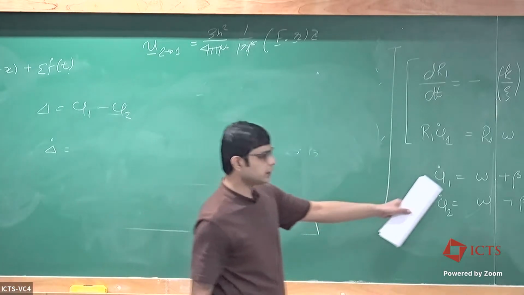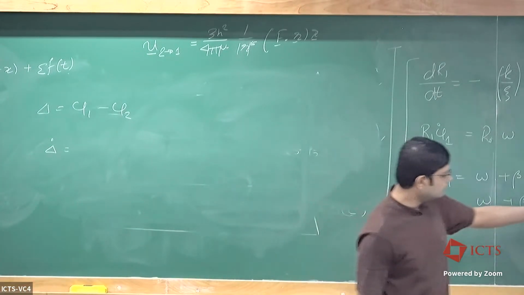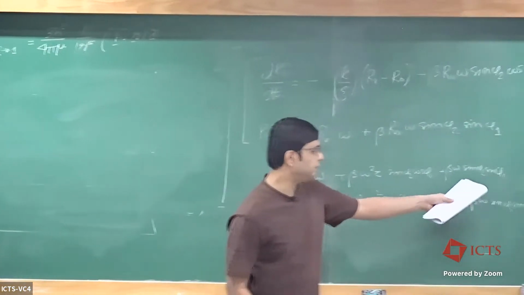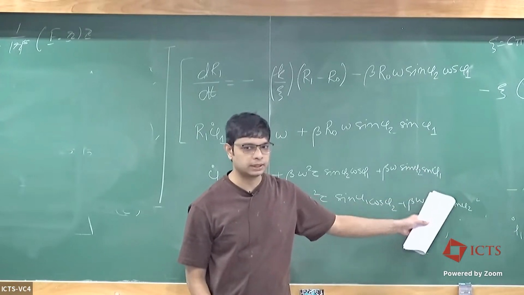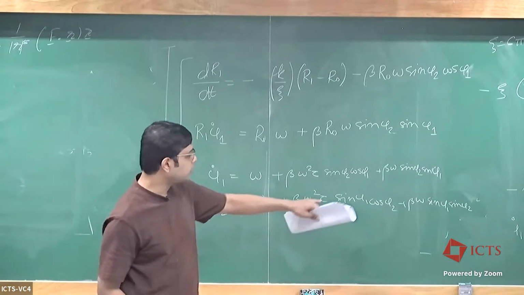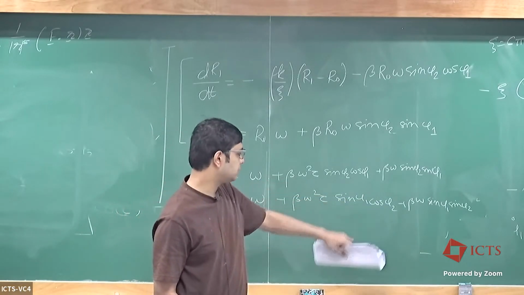So these two omega would cancel out. These terms will cancel out. Does everyone see that? They are sine phi2, sine phi1, this is sine phi1, sine phi2, so these will cancel out. So I'll just get this piece.